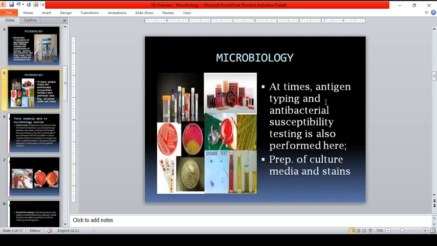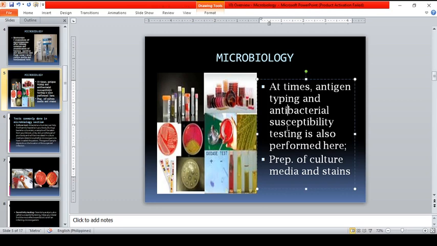So, at times, antigen typing and antibacterial susceptibility testing are also performed in the microbiology section. The antigen typing is commonly done in advanced microbiological laboratories. Okay, this antimicrobial susceptibility testing is commonly done even in an ordinary microbiology section.